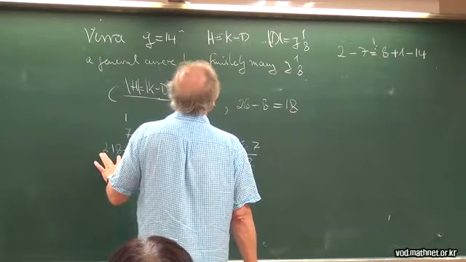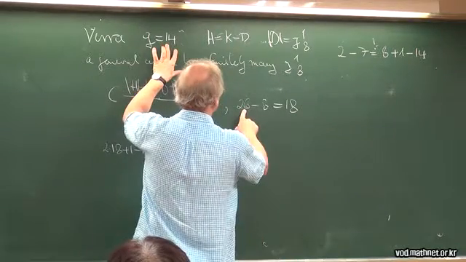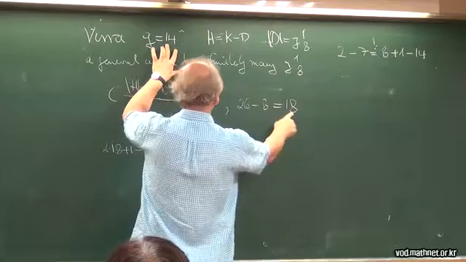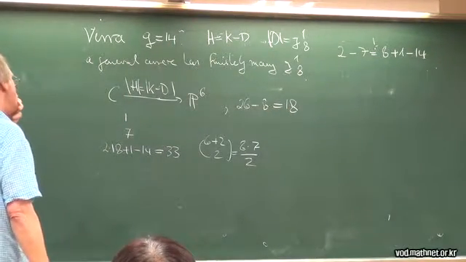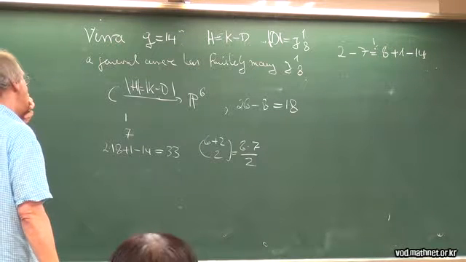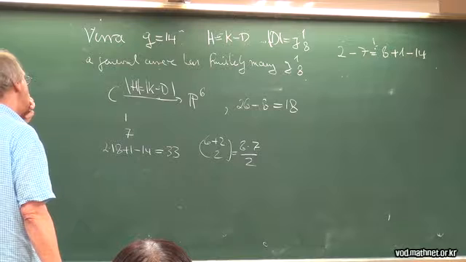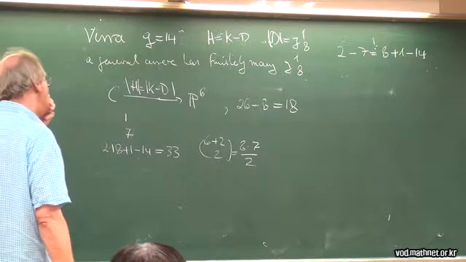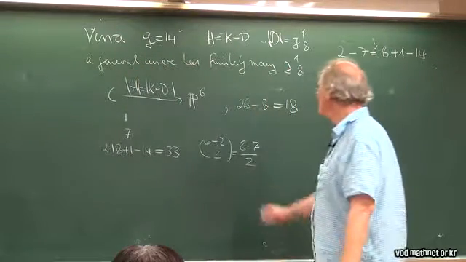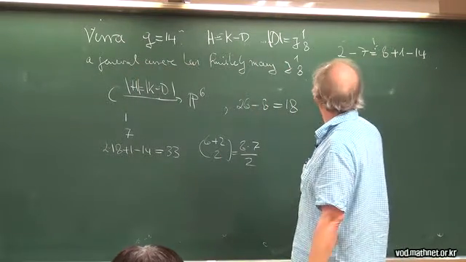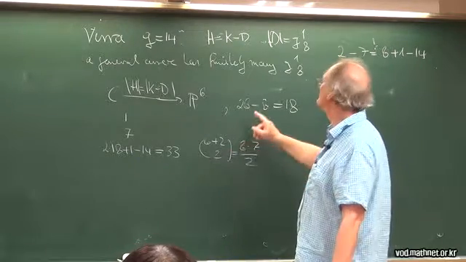The degree is 18, genus 13. 2 times 8. What's wrong here? We are in P6 and it's 18, right? The degree is 18.